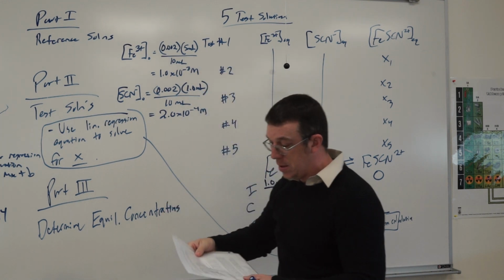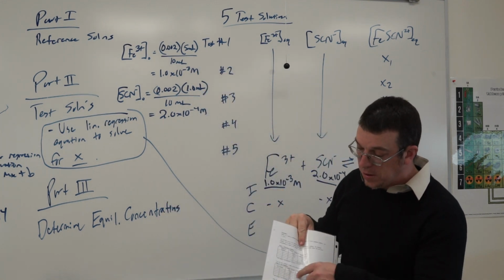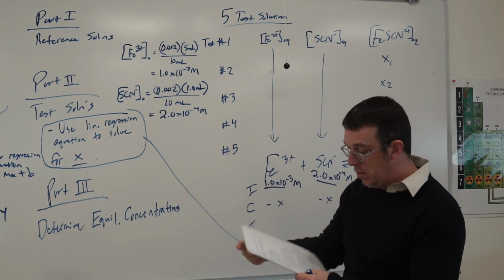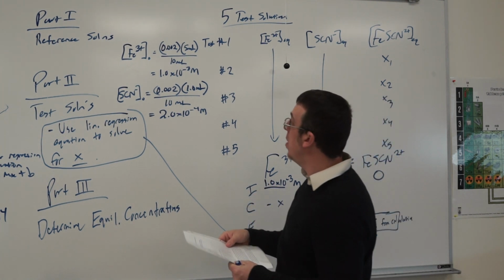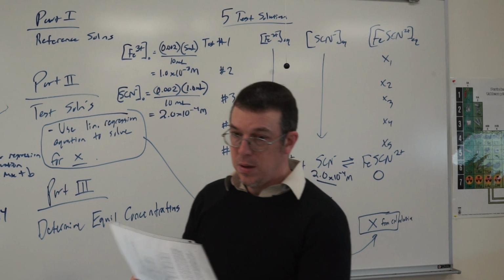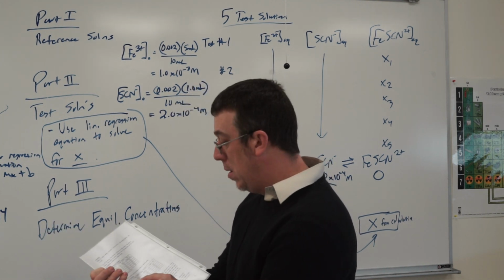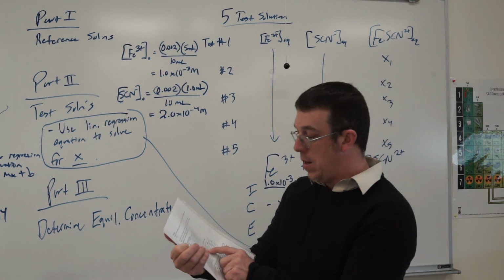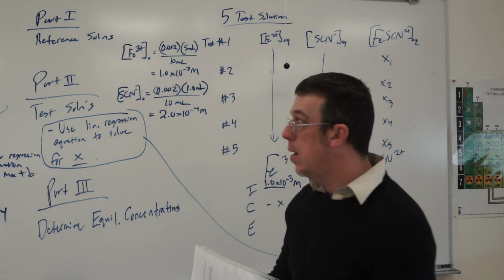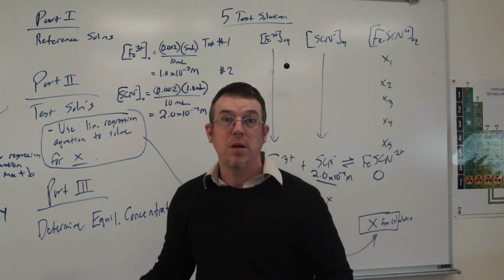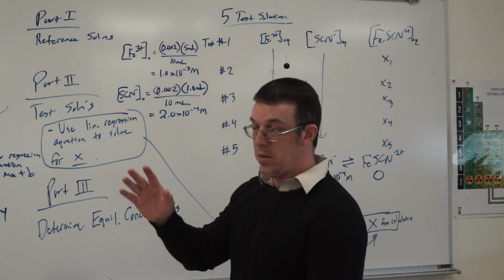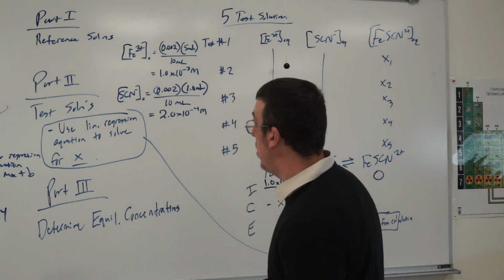The way we do this is you take the information from table 2. For the iron plus 3, you'll see it has 5 milliliters of the Fe plus 3, and you have 1 milliliter of the SCN minus. In the beginning, I told you we're going to keep the volume constant at 10 mils, and that's the way it is throughout the entire lab. That way it's simple.